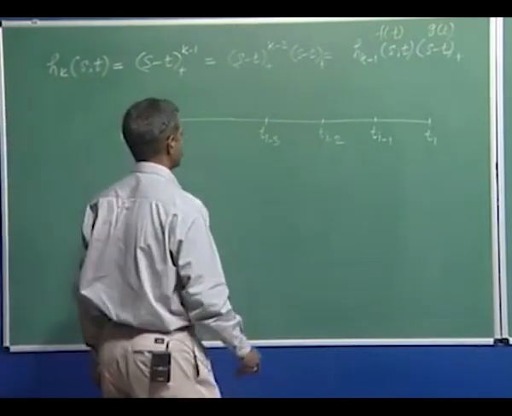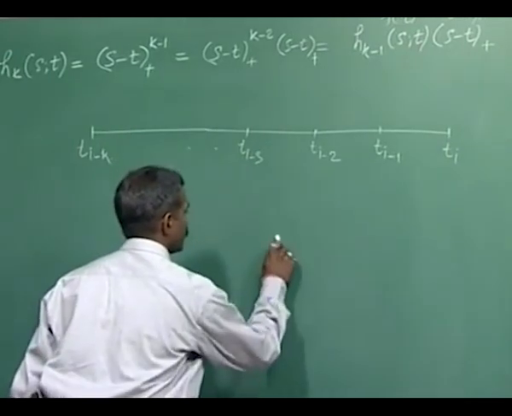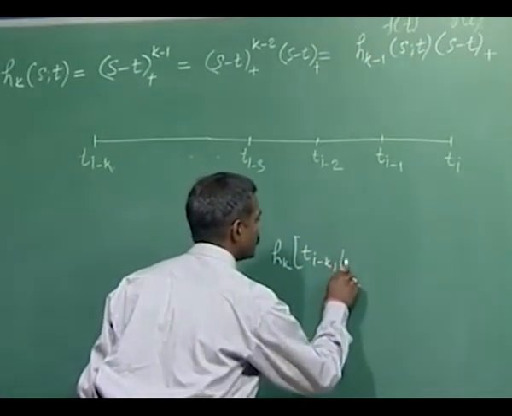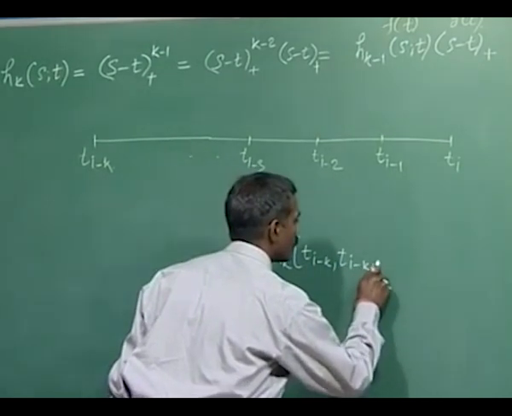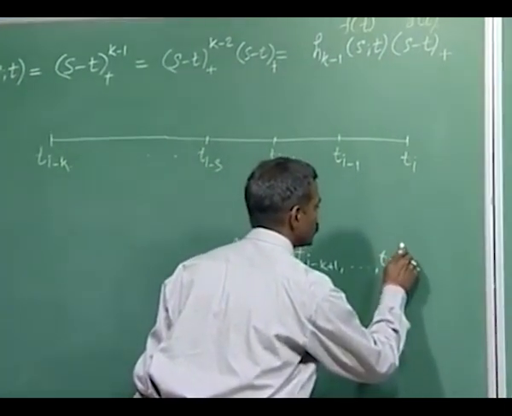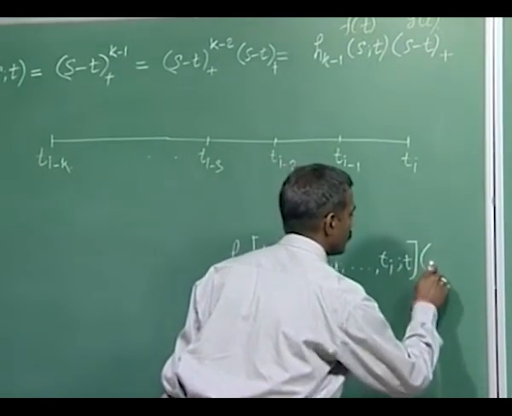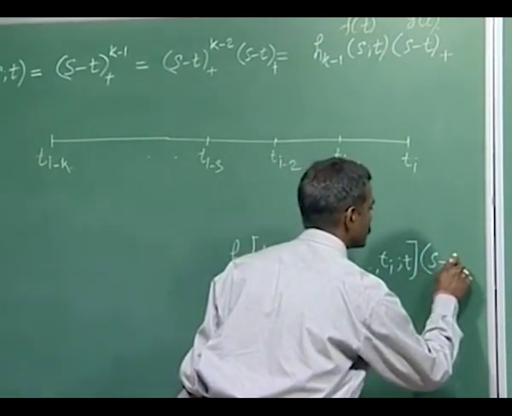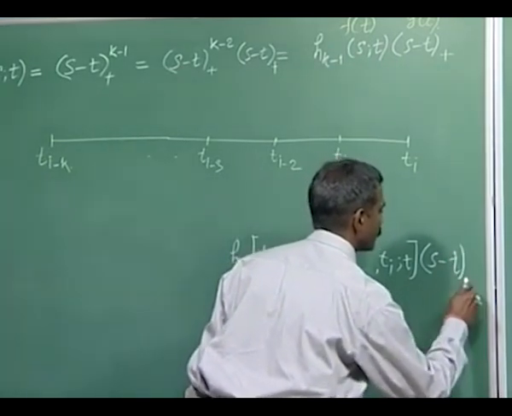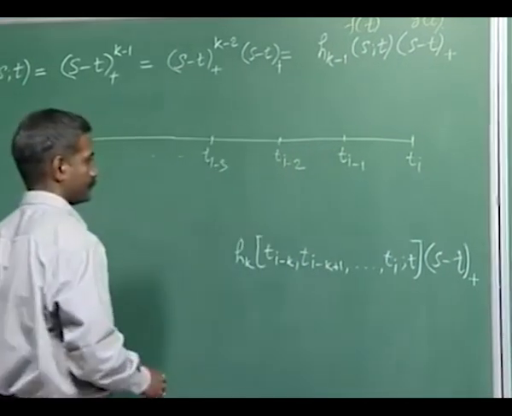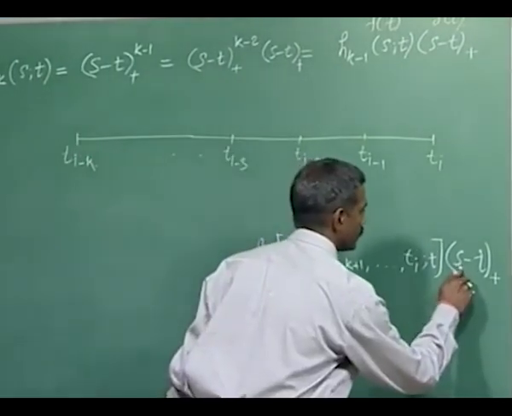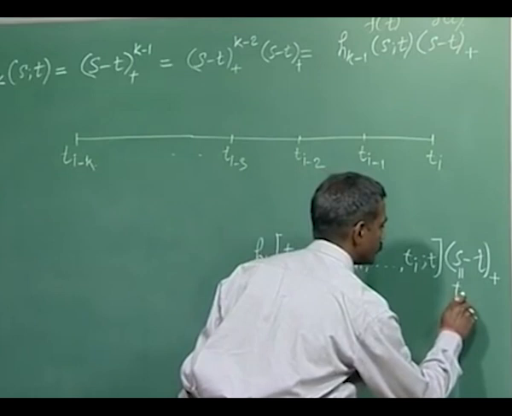So the last term will be h_k[t_{i-k}, t_{i-k+1}, ..., t_i; t] times (s - t) truncated. Here s will be equal to t_i.